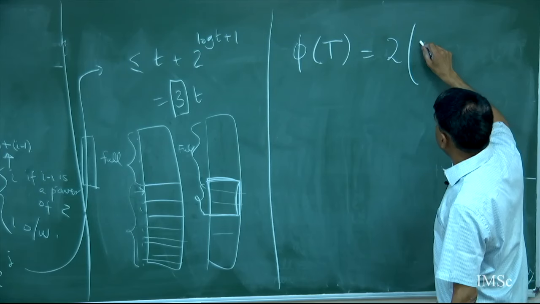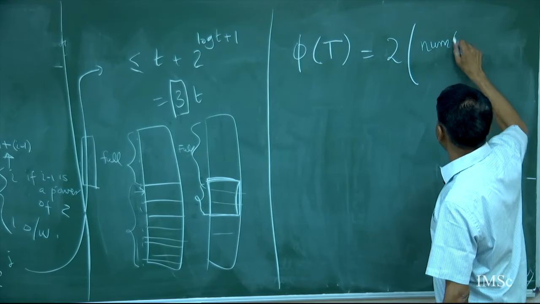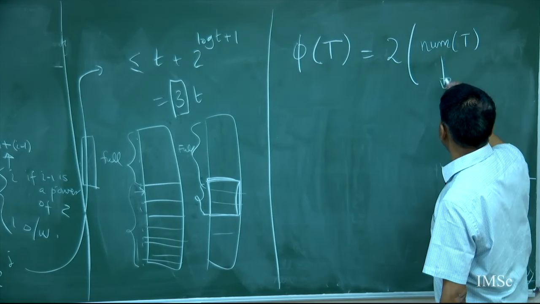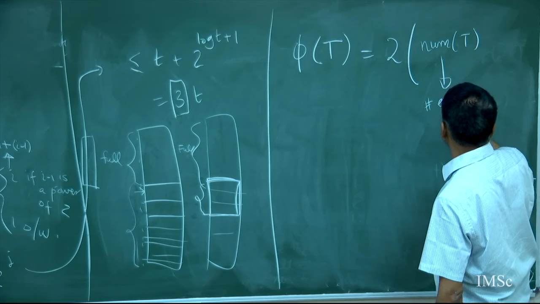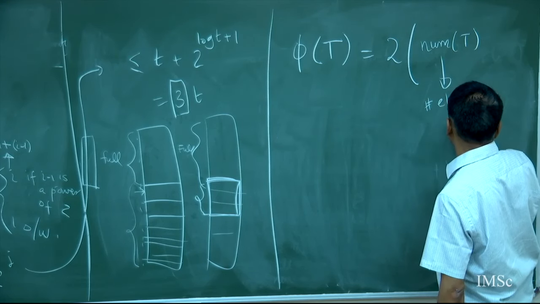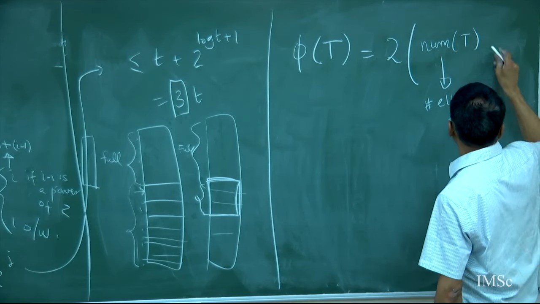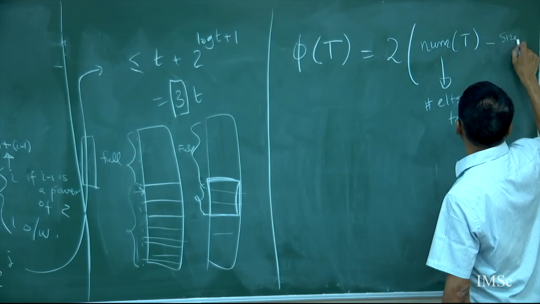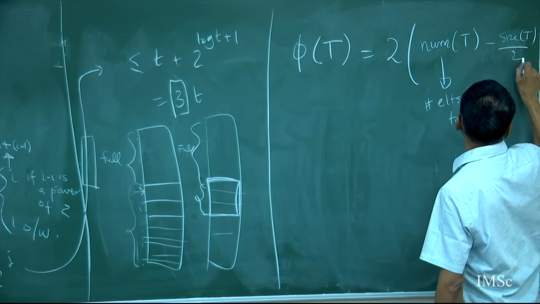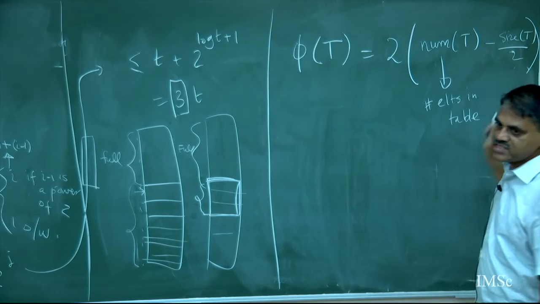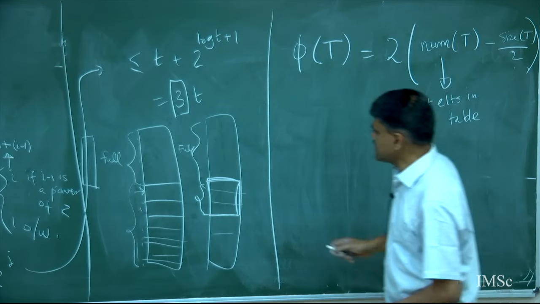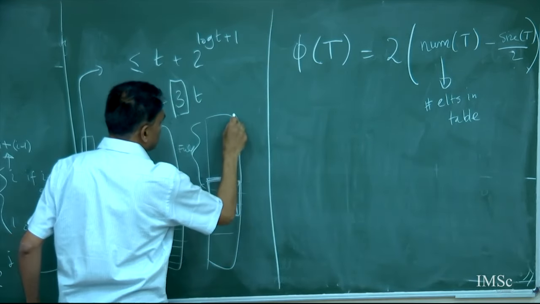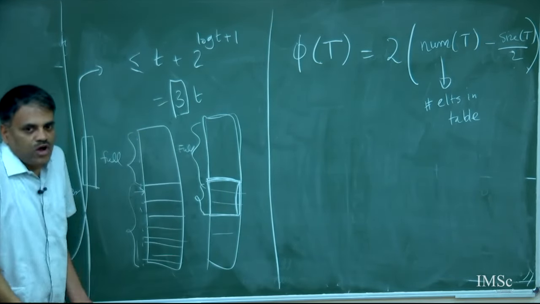Or rather, the total number of elements in the table, right? This is the number of elements in the table minus the size of the table by 2, so I am introducing 2 parameters here, because this is the size of the table by 2 when it got expanded.